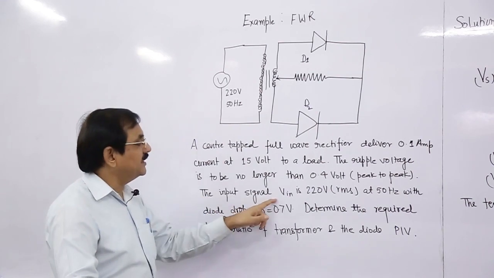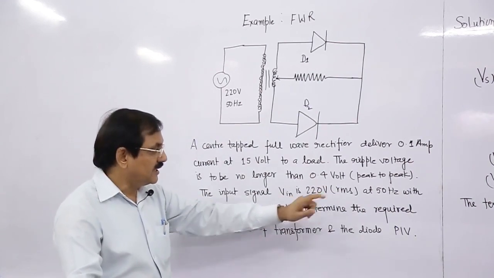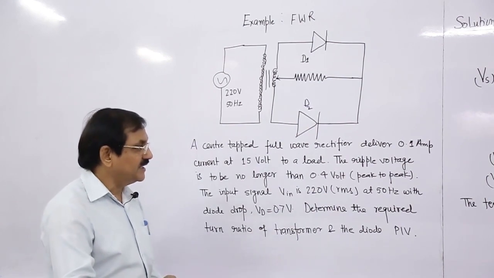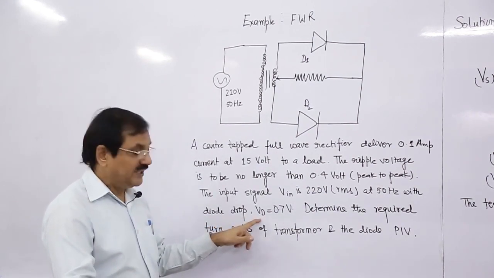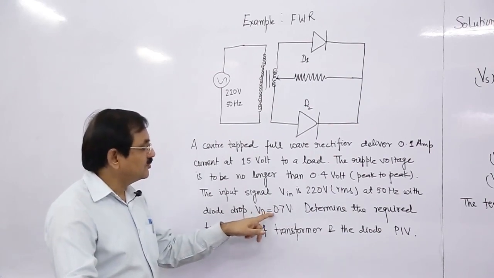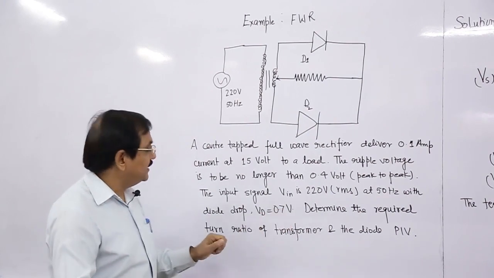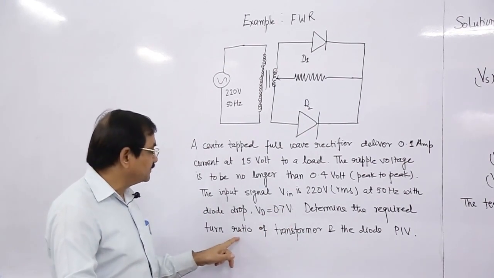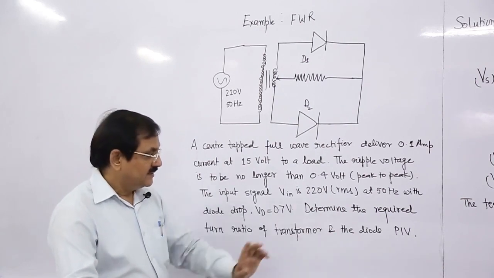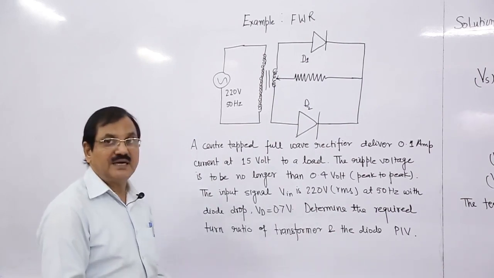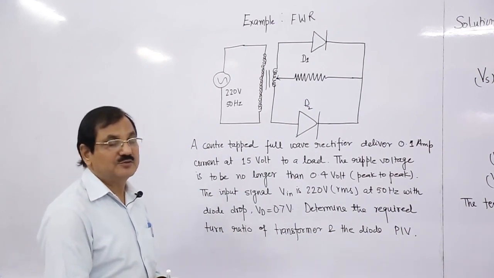The input signal VIN is 220 volt RMS at 50 Hertz with diode drop VD equal to 0.7 volt. Determine the required turn ratio of the transformer and the diode PIV. So, this is the problem and we have to solve it.